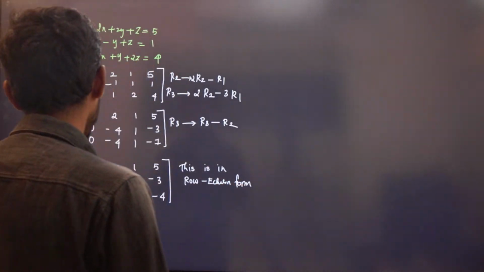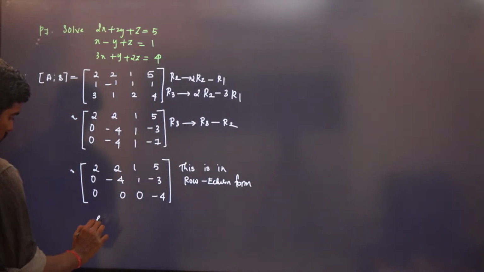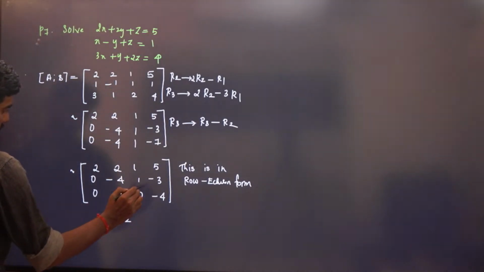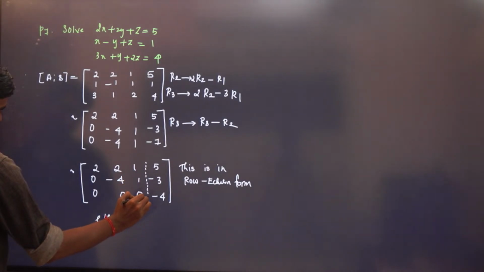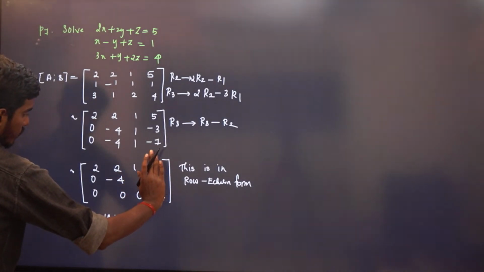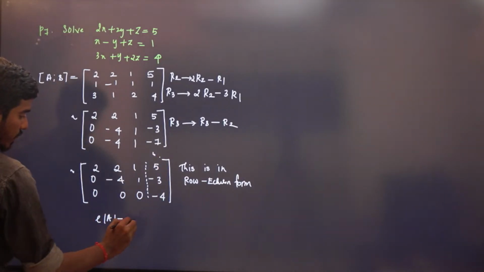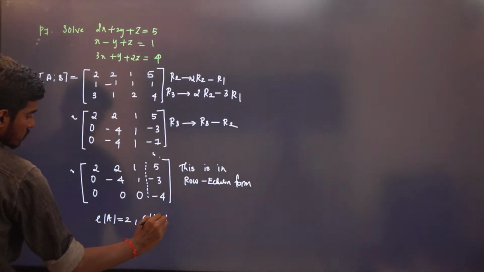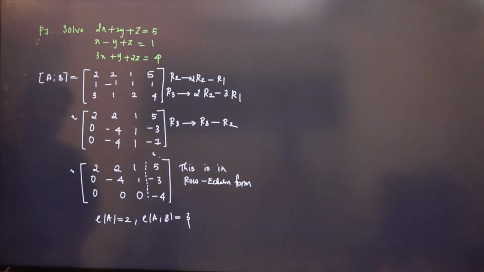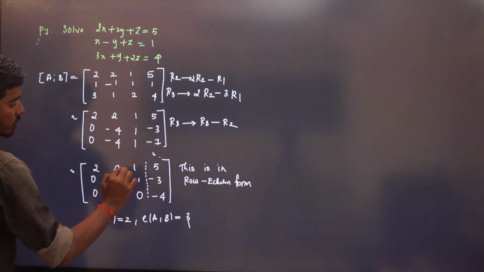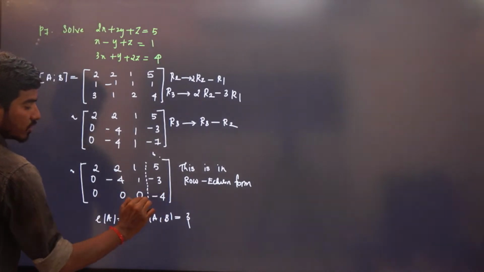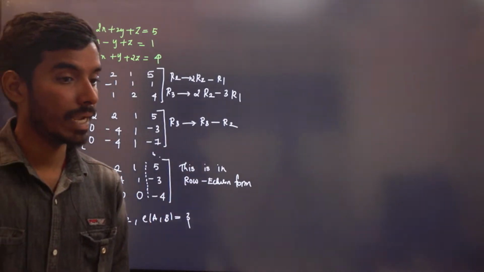Now what about rank of A? Rank of A is 2, yes or no? Rank of A is 2, non-zero rows. But what is rank of A comma B? It is 3, right? When you see overall, this is a non-zero row, non-zero row, non-zero row, 0, 0, 0, minus 4.